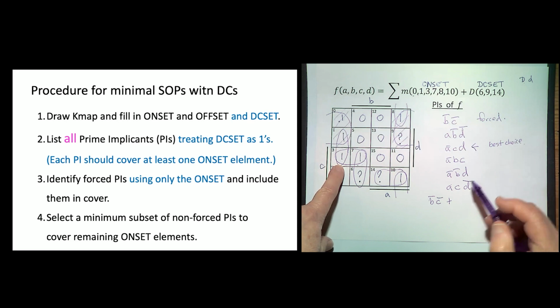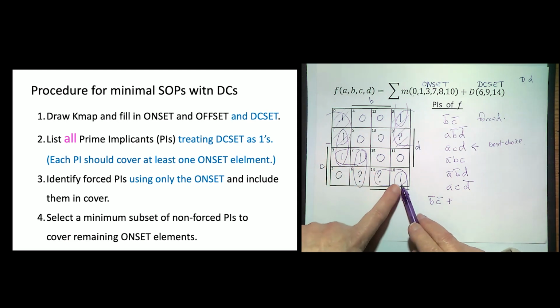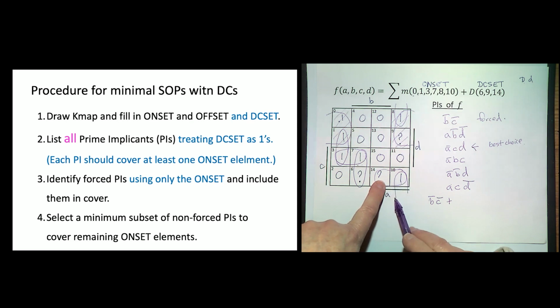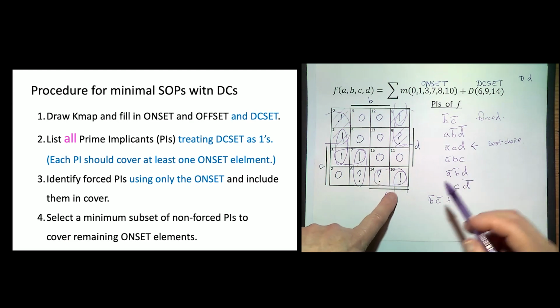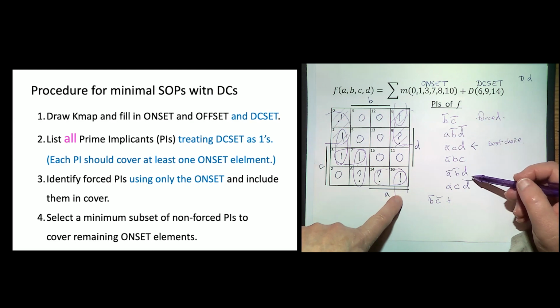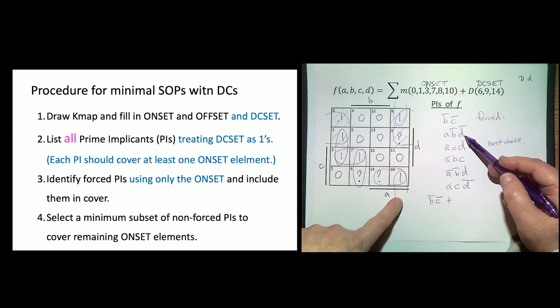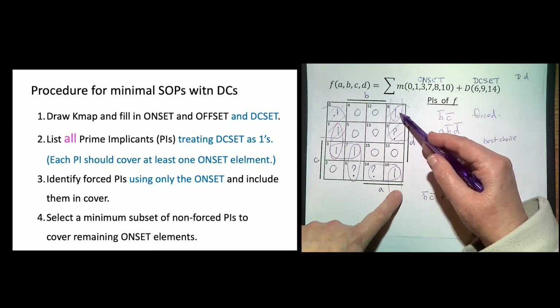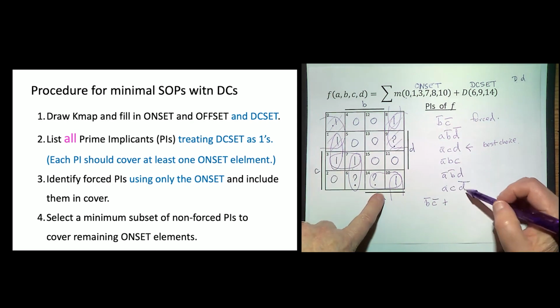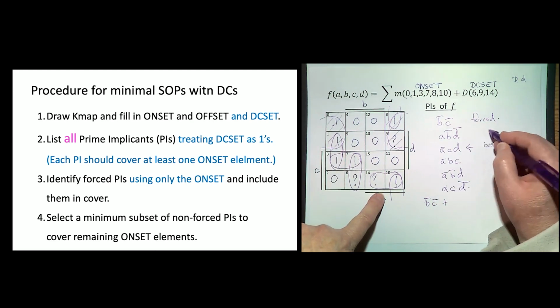Okay. What about to cover this one? Do 14 and 10 or 10 and 8. So I could pick either one of these, right? So I could take A bar, B bar, D bar, which is this one, or I could take A, C, D bar.